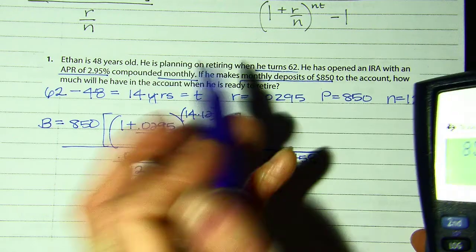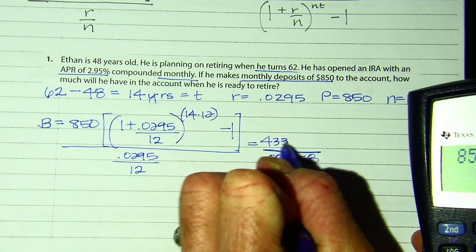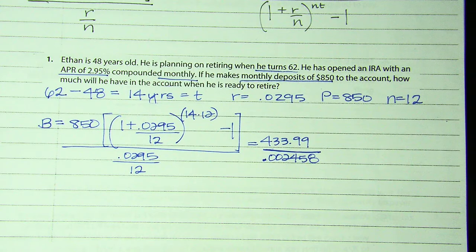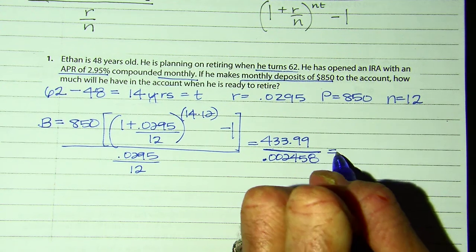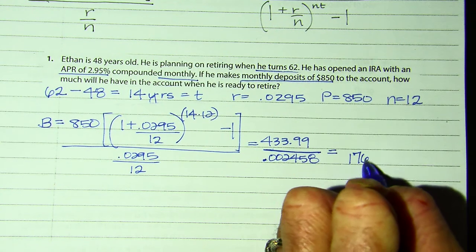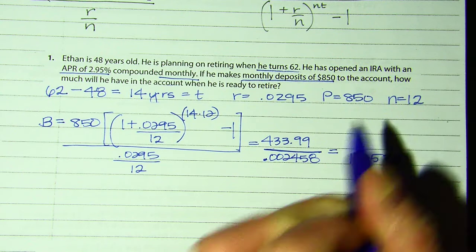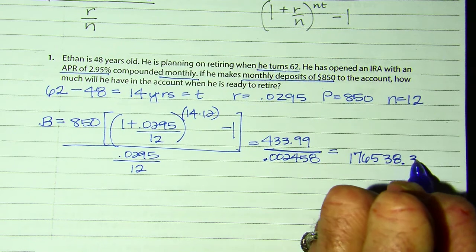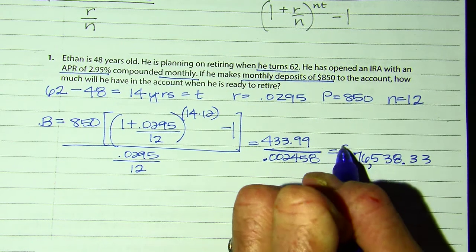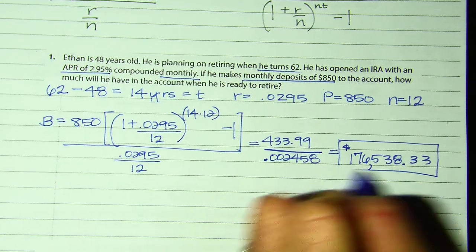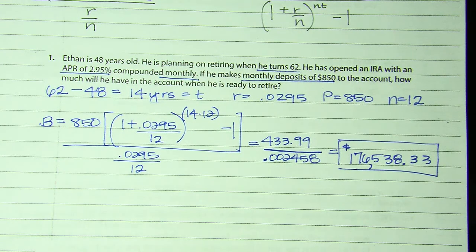And so I get 433.99. Now I'm going to divide the top by the bottom, and I get $176,538.33. So this is how much would be in his account if he made monthly deposits of $850 for the next 14 years. It's a lot of money.